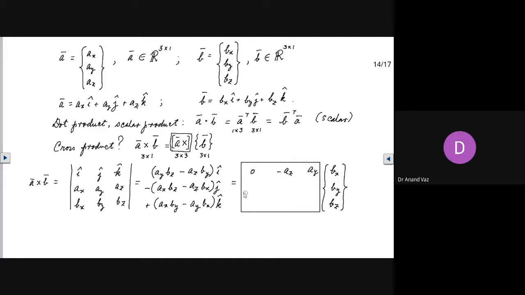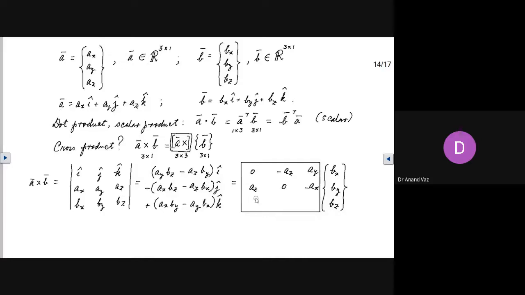The second one is minus ax into bz, then plus az into bx. What will come here? 0. So you have az into bx minus ax into bz.